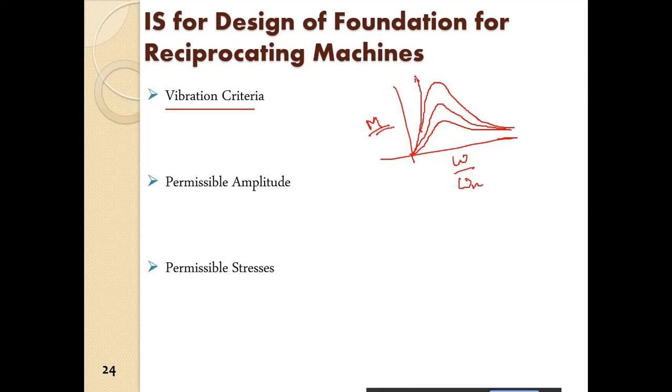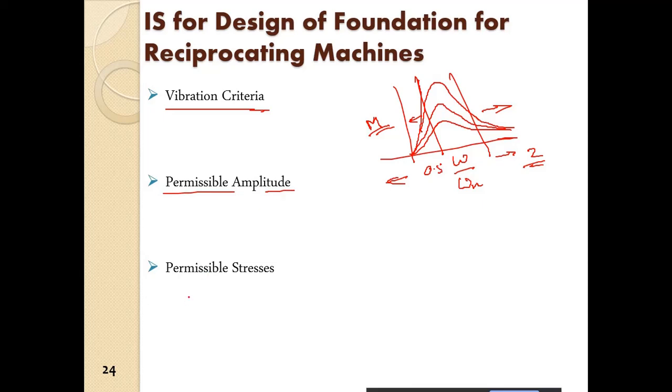As far as possible, we have to stay away from this position. That is the basic meaning of the vibration criteria. It is given there that the ratio should be less than 0.5 and greater than 2, if possible. Then obviously the permissible amplitude.